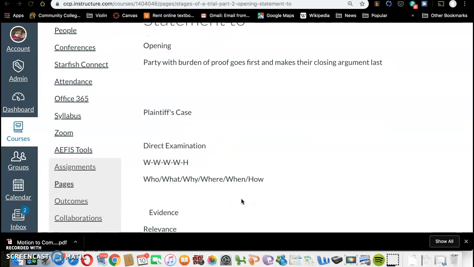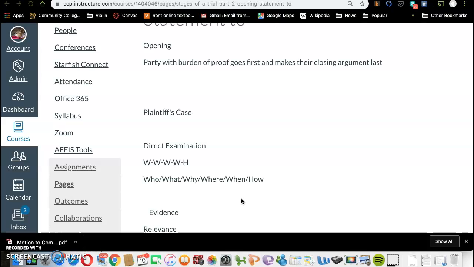So first, the case will start with what we call direct examination. That's where the plaintiff will speak to their own witnesses and lead them through a series of questions. I use the word lead advisedly. In other words, you're not supposed to ask leading questions. You're supposed to ask questions that are 5 W's or an H. That's who, what, why, where, when, or how.